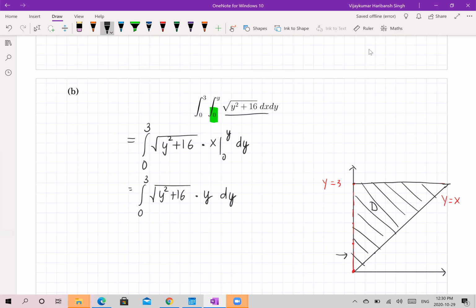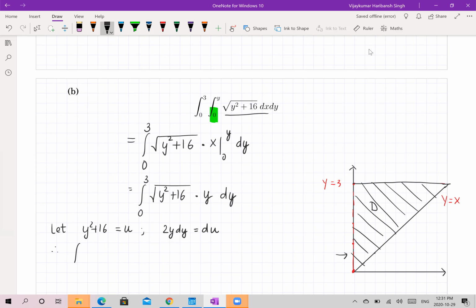Now again, we can use the integration by substitution. Let y squared plus 16 be u. So I'm going to integrate the indefinite integral. In that case, we get 2y dy equals to du.